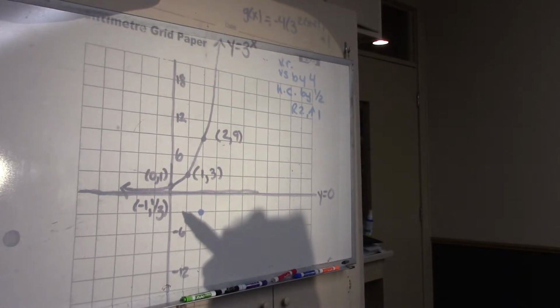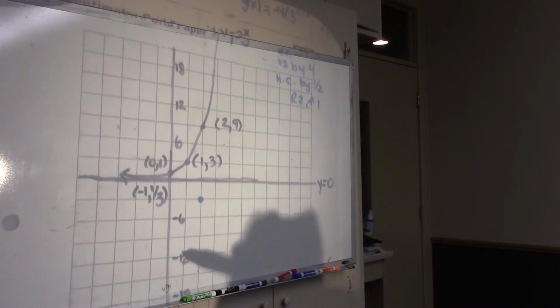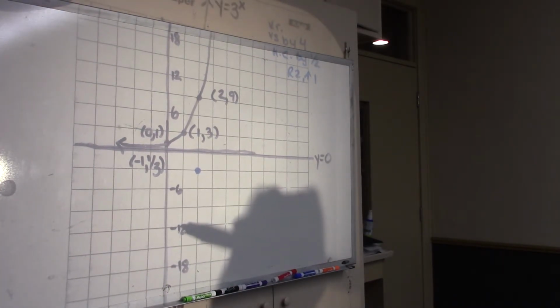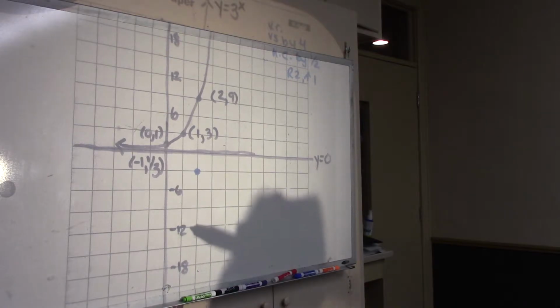It's vertically stretched by 4, so that's down to -12. Then it gets horizontally compressed by 1/2, so that's 1/2 in. And then I go right 2, up 1. Let's go there.